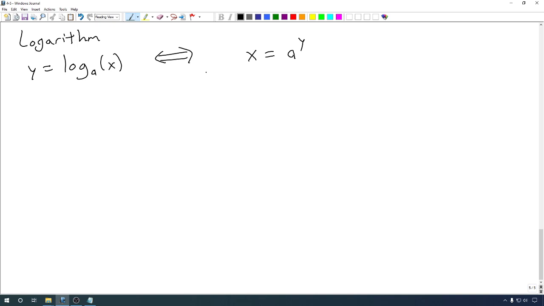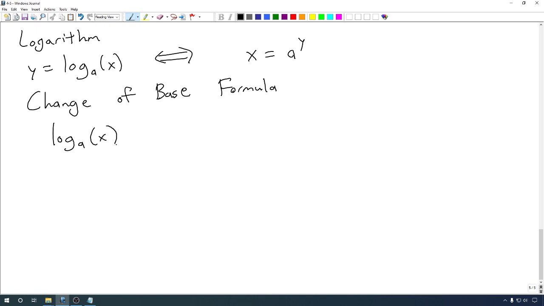We can't use the same trick as we did on the first page of this. But we had a law that we derived in the last section. We had what we call the change of base formula: the logarithm base a of x is equal to the natural logarithm of x divided by the natural logarithm of a.